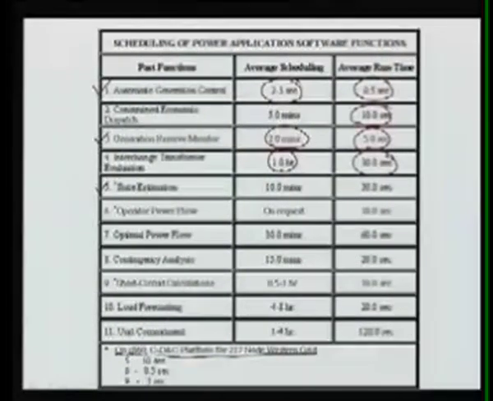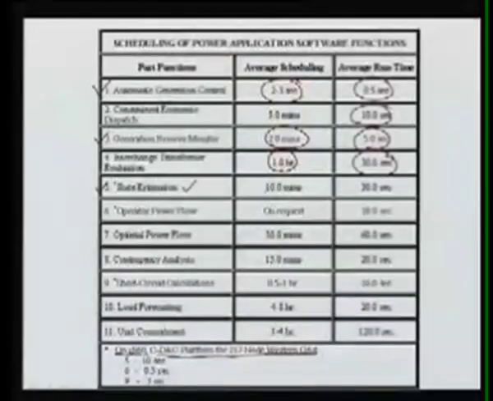So for that we measure a large amount of information, and that is passed through telemetry, and finally it comes to the state estimator. In the state estimator, we have some computer software that tries to evaluate the exact states of the power system. The average scheduling time for this is 10 minutes, but its average run time requires at least 30 seconds.